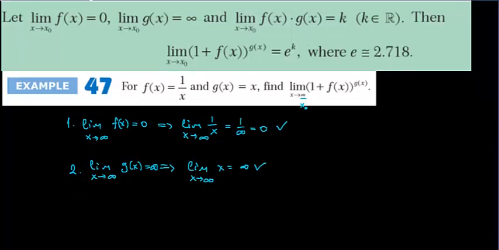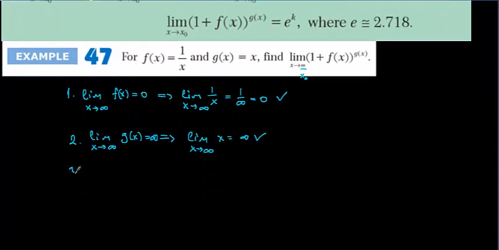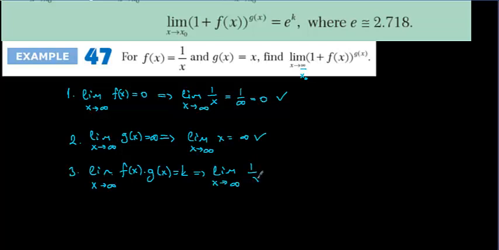The third one says that limit x tends to infinity f(x) times g(x) should be equal to k. Here, 1 over x is the f(x), and g(x) is equal to x, so limit x tends to infinity of this x and this x, you can simplify here.